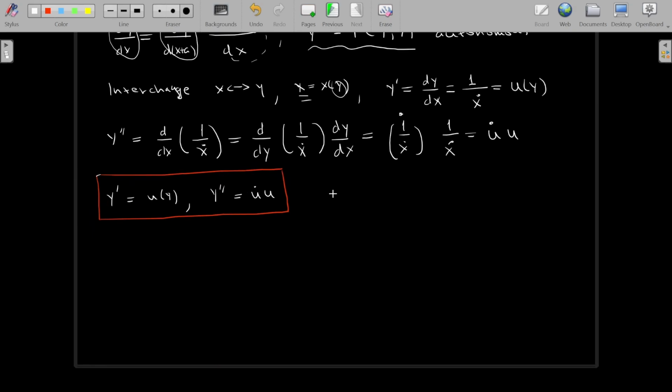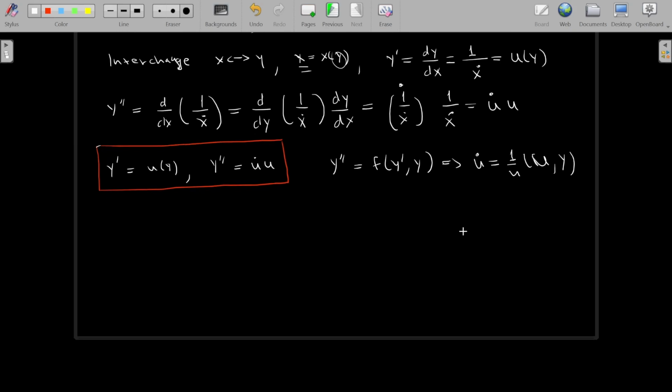And you can easily see that this equation, where x was missing, can be immediately transformed to u du/dy equals 1 over u of y, right? And what is this? This is just a first order differential equation with respect to y. And we already know how to solve it.